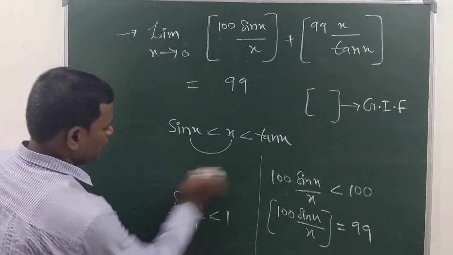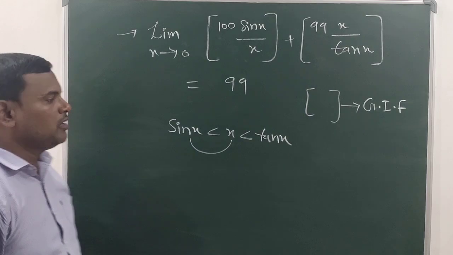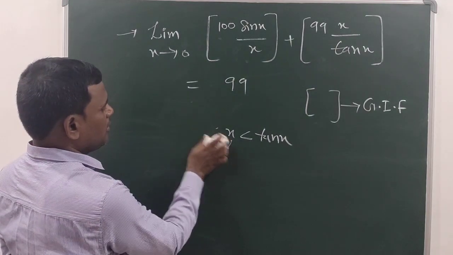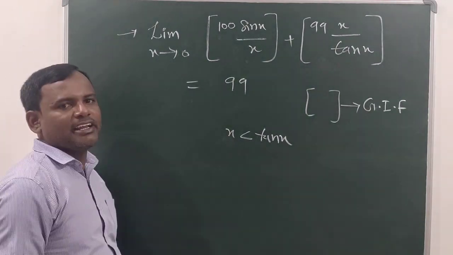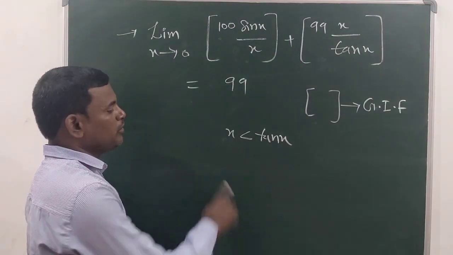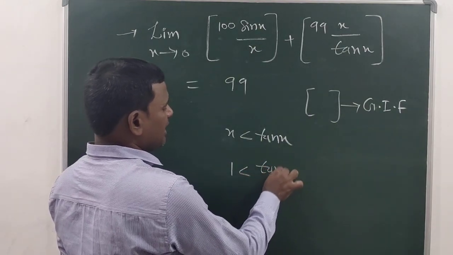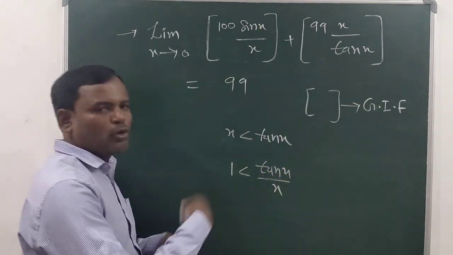Now let us go to prepare the other value. For that, what do you do? Now take this: x less than tan x. Right. Now what do you do? Divide both sides by x, so that 1 less than tan x by x. Now take the reciprocal on both sides.